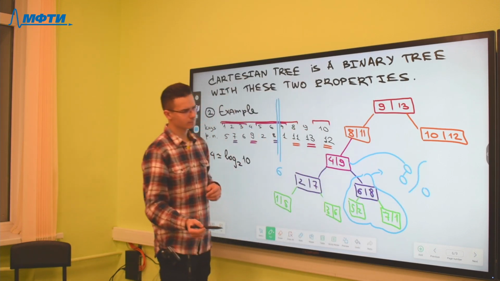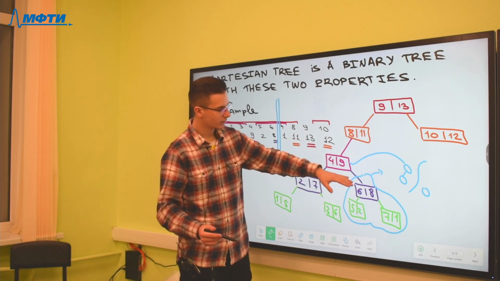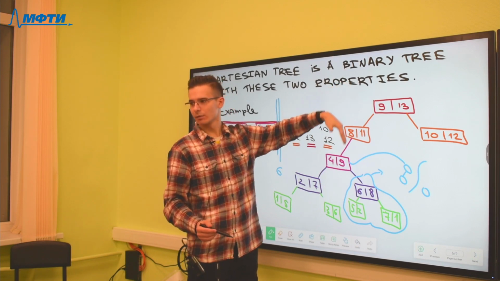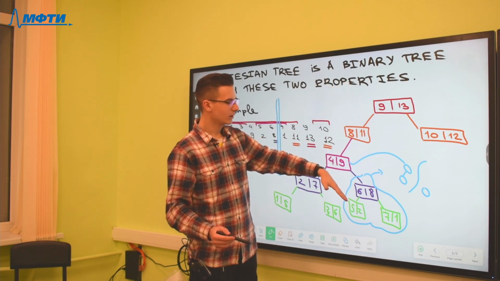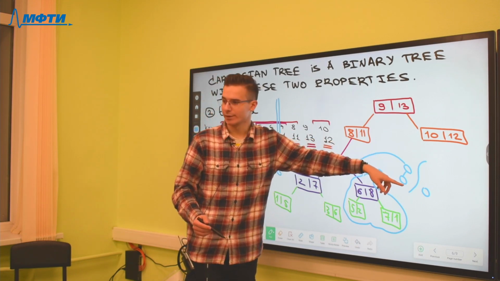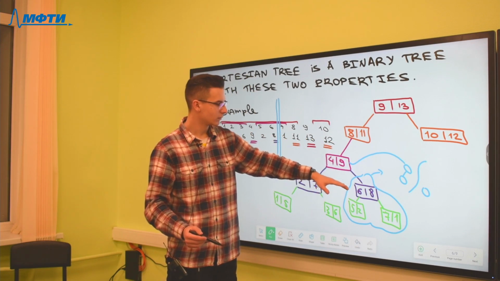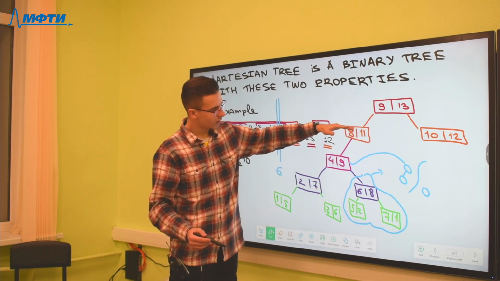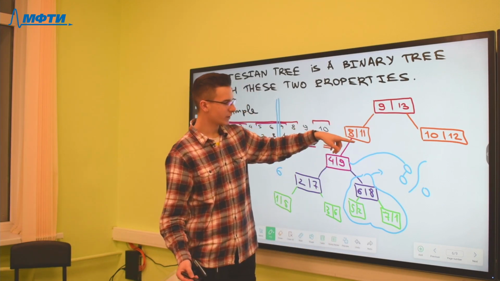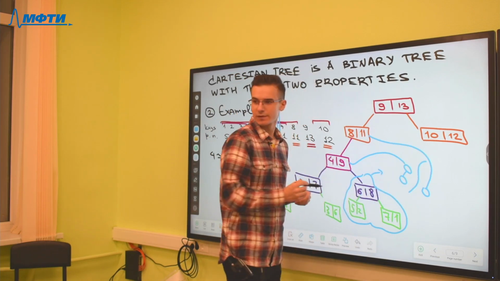Okay, and then if we start with the recursive algorithm, then we can work with these two subtrees, because when we go up in this tree, you see that this number is bigger and it connects with this number.